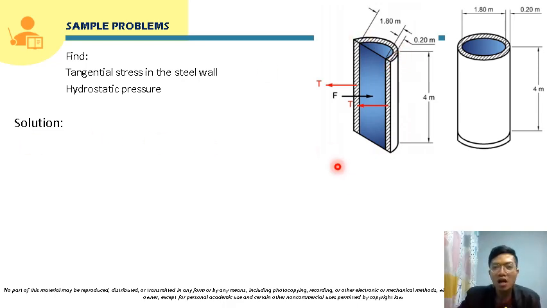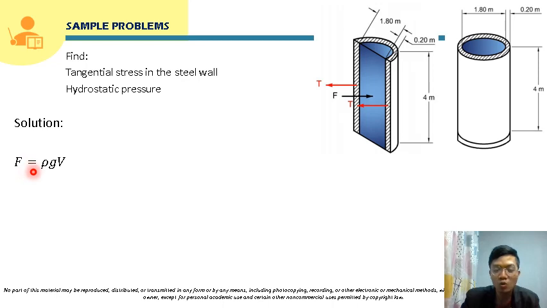Now, in the given, there is a density of the liquid that is the content of the cylindrical vessel. So we have to solve first the force caused by that liquid.